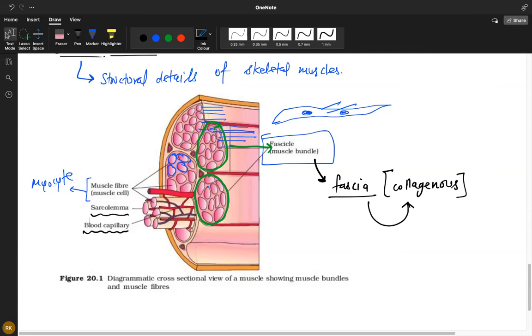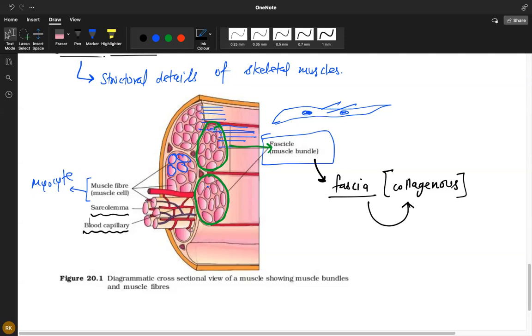Sarcolemma is what covers the muscle fibers. The word sarcolemma comes from sarx, a Greek word which means flesh or sheath.